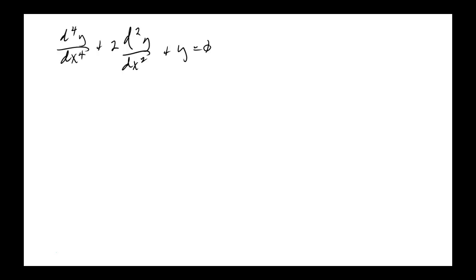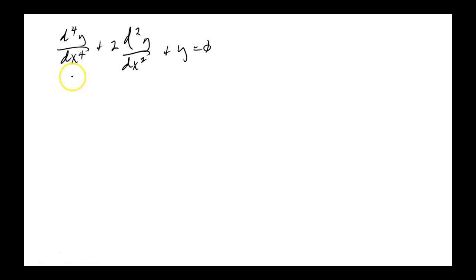So the first one can be written as y fourth, the fourth derivative of y. But the second one can also be rewritten: it's 2y double prime. It's easy. I like the way it's written. I don't like Leibniz. I like Newton.